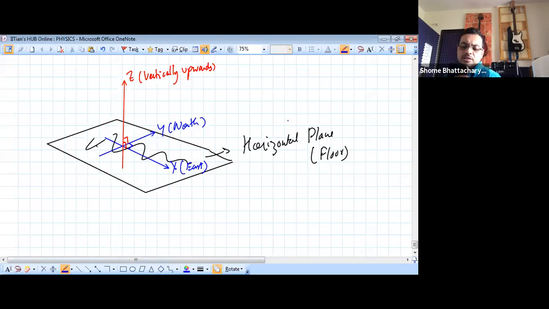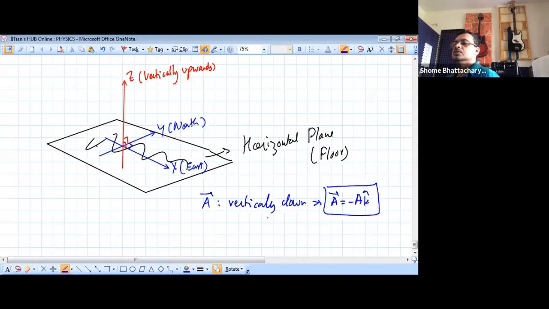So now what it's saying is that the vector A points vertically downwards. That means A is like this, because minus k cap is vertically downwards. So A is along minus k cap.